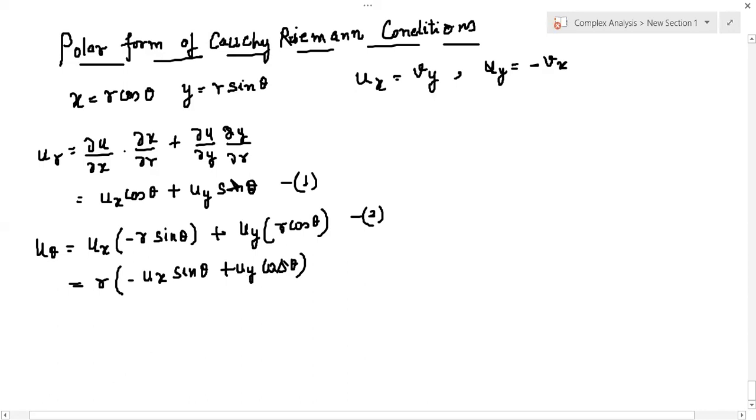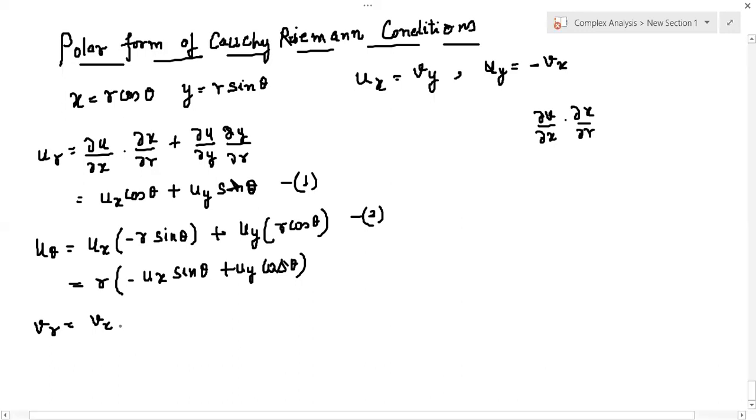Similarly, if I want to find vr, I'm directly writing vr would be del v upon del x into del x upon del r. Del x upon del r would be simply cos theta only.